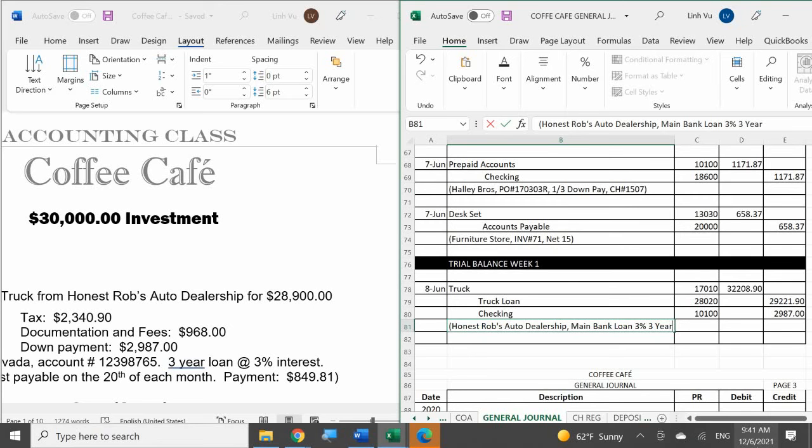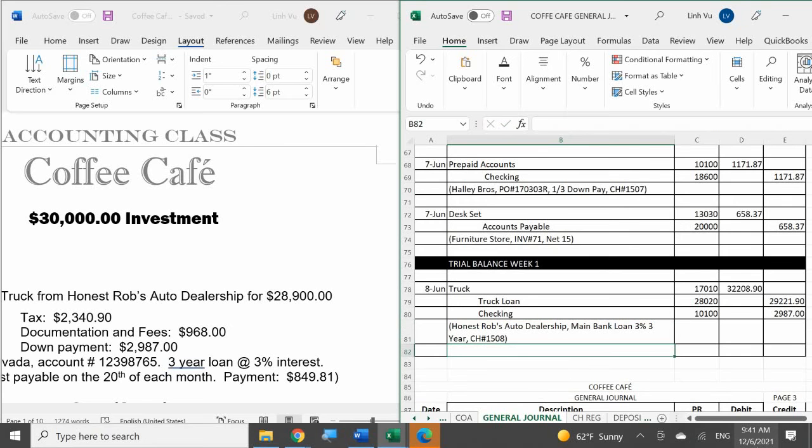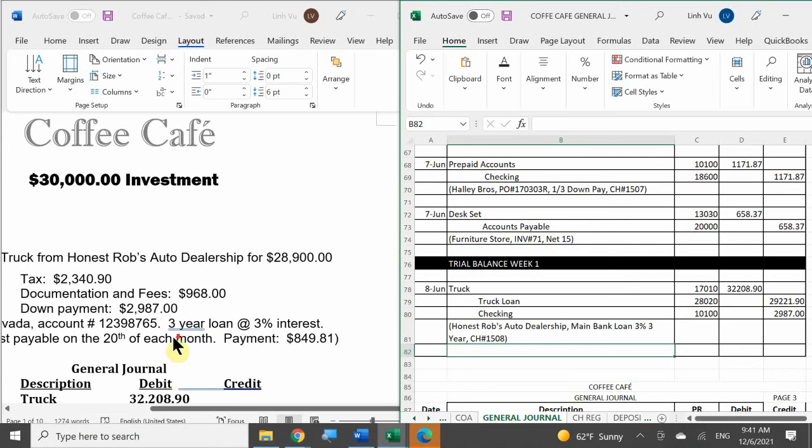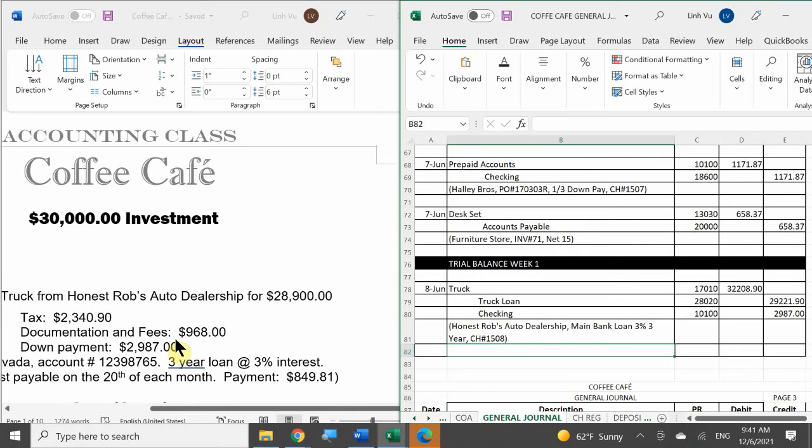And of course, I also have the check that I wrote out, which is check number 1508. Not necessarily a contract number available or anything like that, but we at least have the loan account number. You can include that if you'd like. Again, that's up to you.